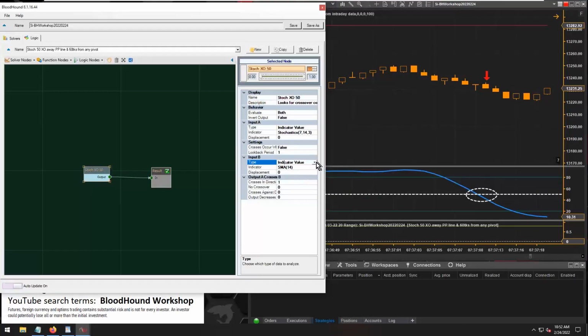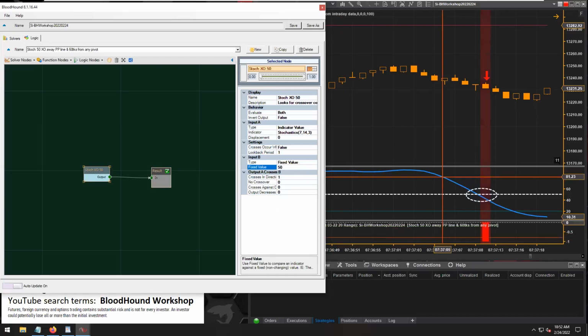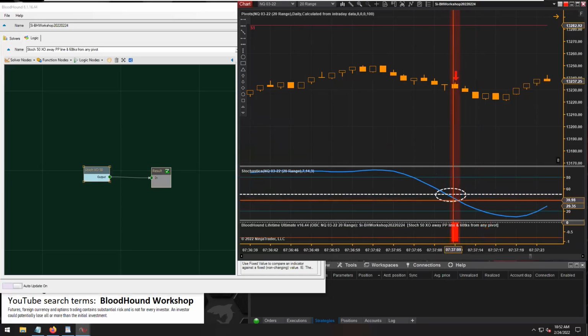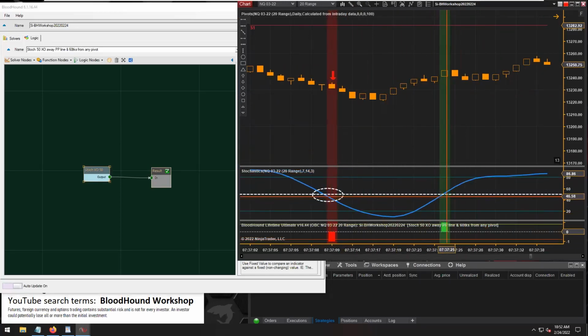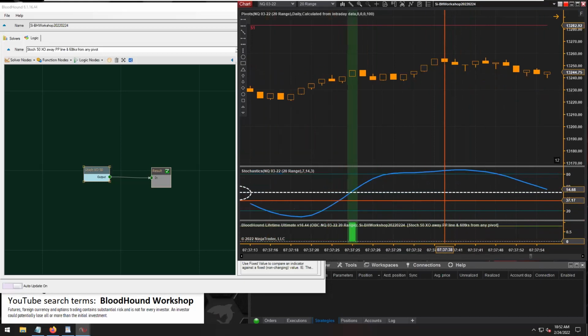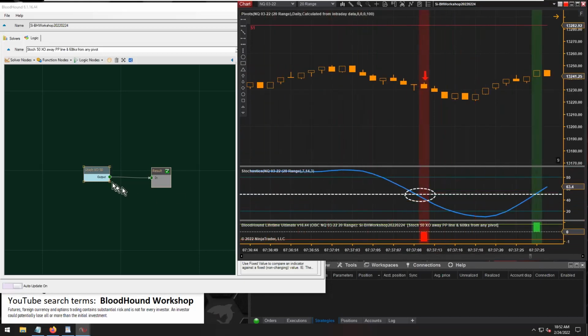So the type is going to be changed to fixed value, and then we can put in 50 as our fixed value, and there we have it, right? Pretty straightforward. Crossover, right? Pretty simple. Okay, so that's the easy part number one.